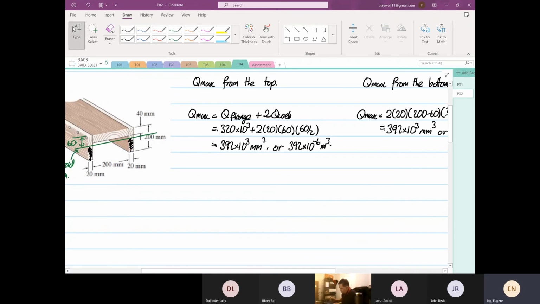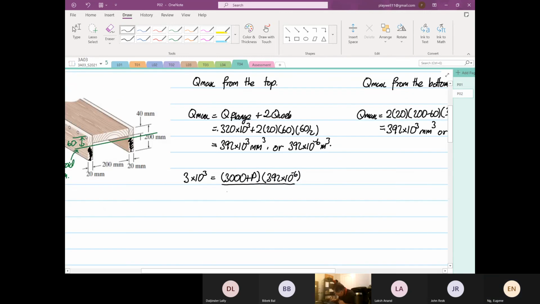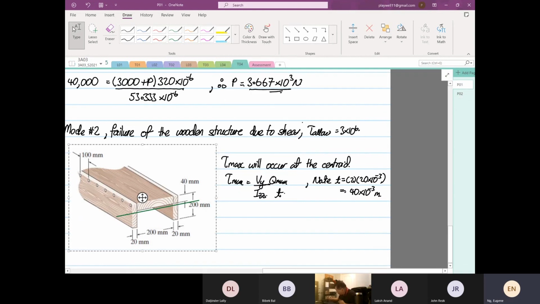From here we know the maximum shear, so you can just plug in the formula: 3 times 10 to the power 3, so this is 3000 plus P. Then the first moment of area is 392 times 10 to the power minus 6, divided by the second moment of area, which is 53.333 times 10 to the power minus 6, and then we are given the thickness, which is 40 times 10 to the power minus 3.